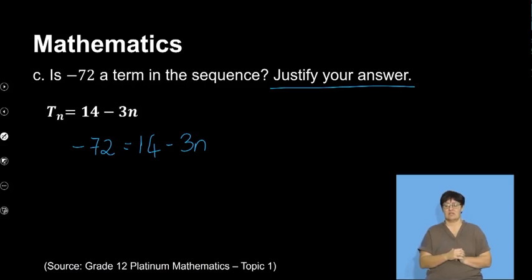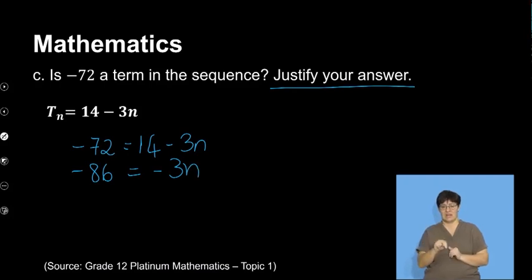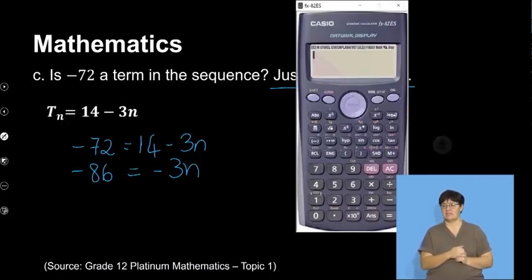So I'm going to say that it's going to be negative 86 is equal to negative 3n. Cool. Then if I divide by 3, let's look at our calculator.